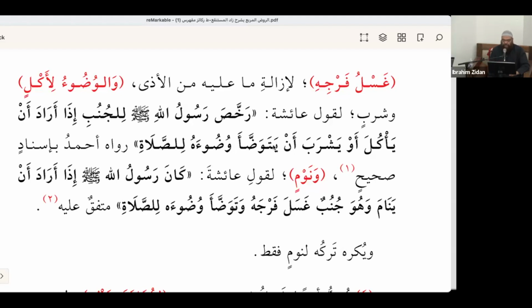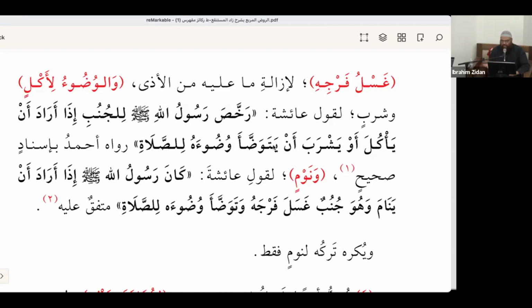وَنَوْمٍ, and also if he wants to sleep without making ghusl of al-janabah. لقول عائشة كان رسول الله صلى الله عليه وسلم إذا أراد أن ينام وهو جنب غسل فرجه وتوضأ وضوءه للصلاة، متفق عليه. The Prophet عليه الصلاة والسلام, whenever he wanted to sleep while in a state of janabah, would wash his private part and make wudu of the salah.